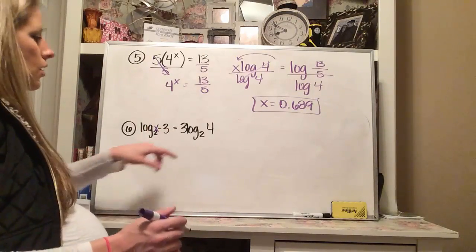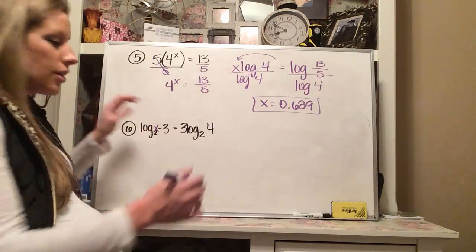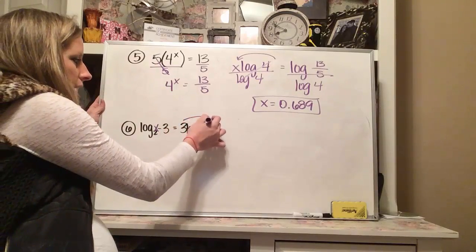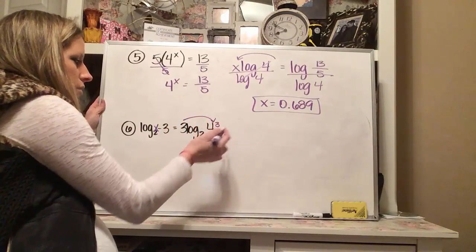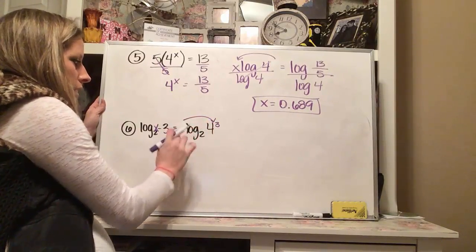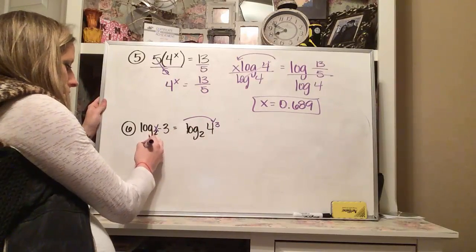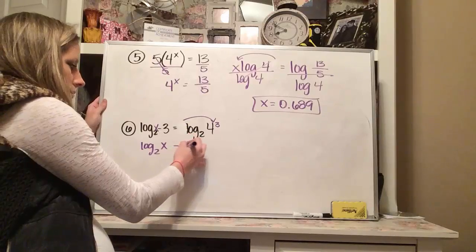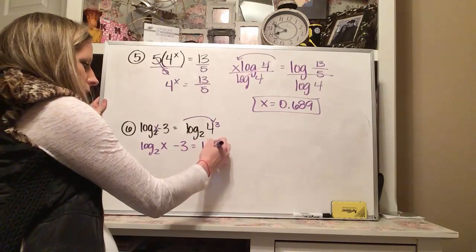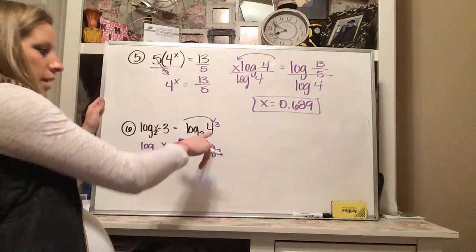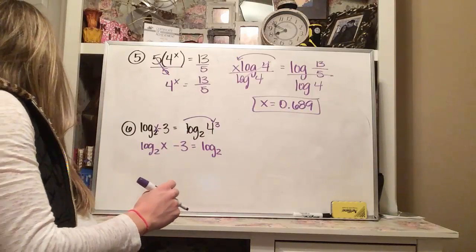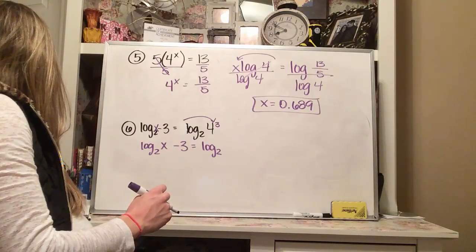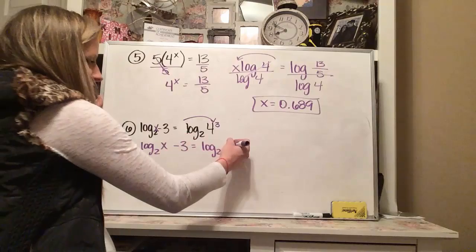There we go. Okay, so on the right side, I'm going to go ahead and move that 3 to the exponent. So it's 4 cubed. Alright, so I have log base 2 of x minus 3 equals log base 2. And 4 cubed is, let me make sure I get this right, 64.